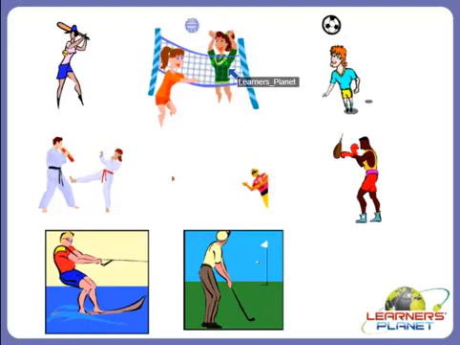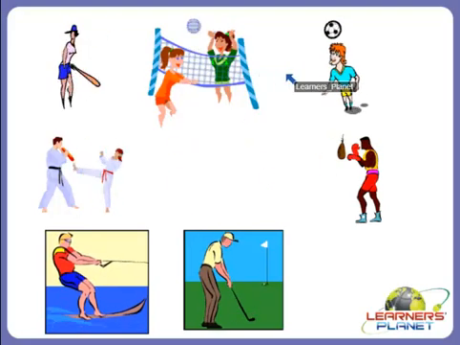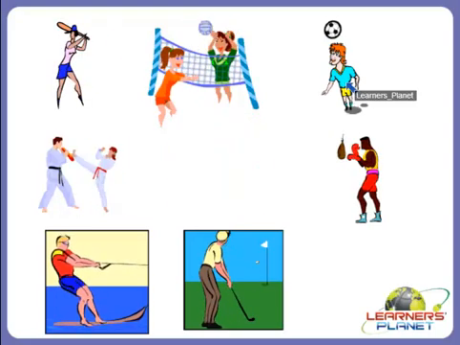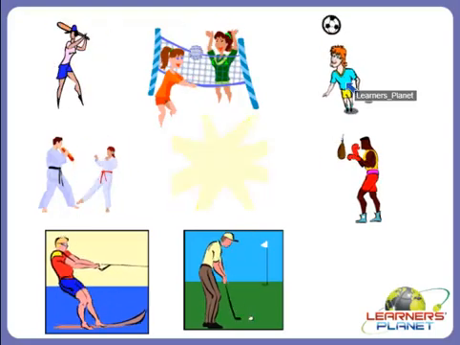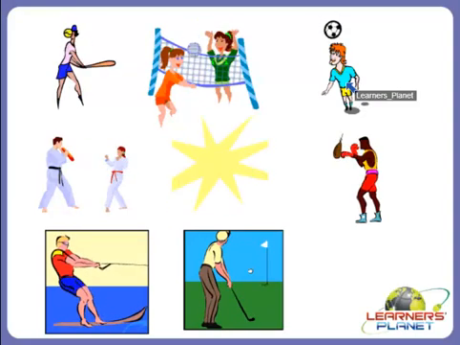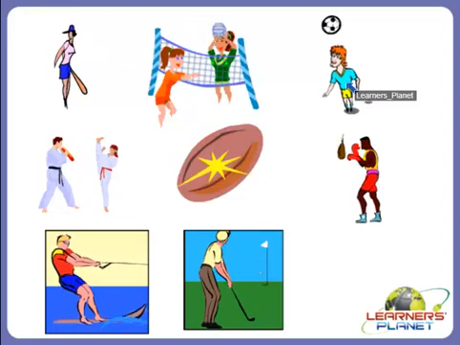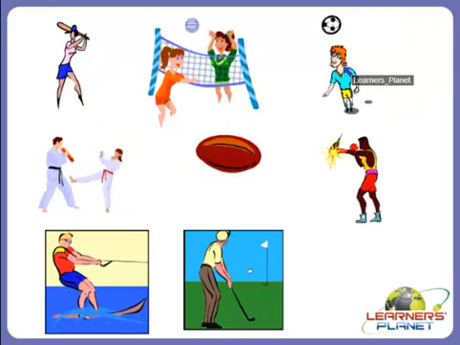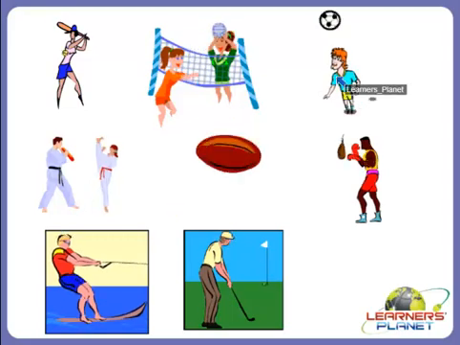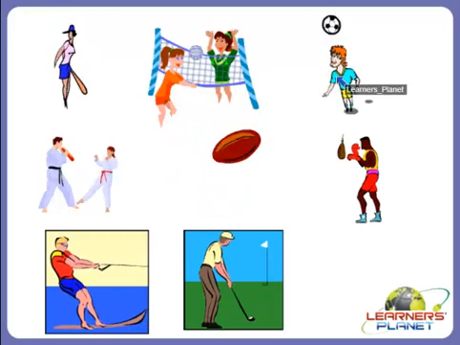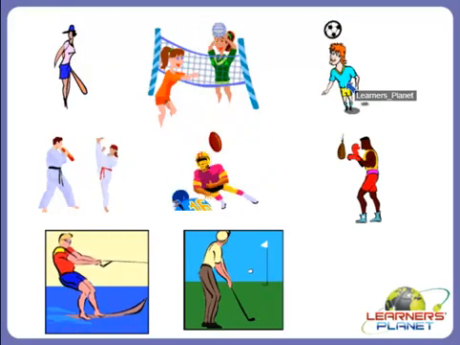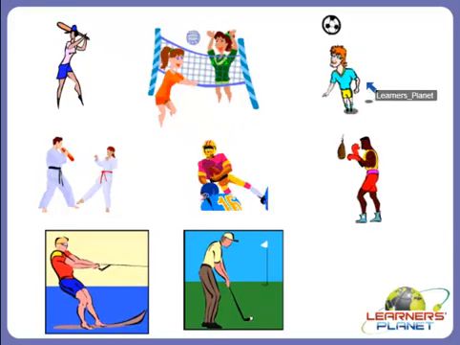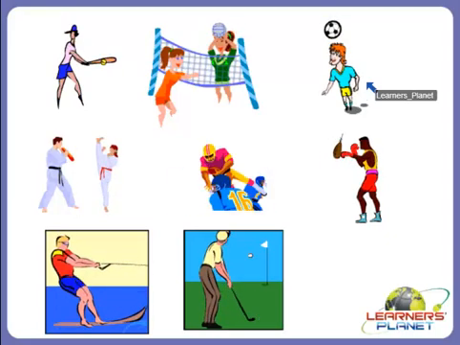The third example is of a boy playing football, and he is rolling a ball through his head. So this boy is using his head muscles and the head bones.